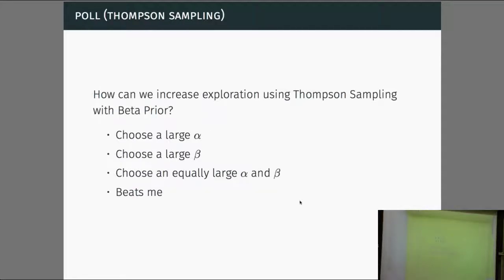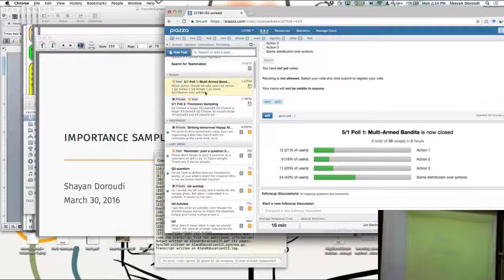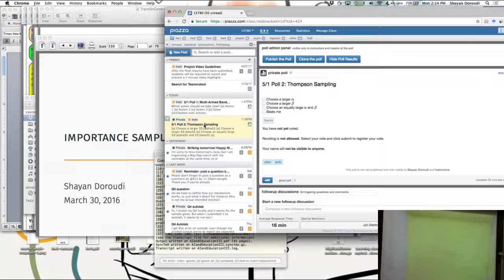Just to see if this makes any sense, I'm going to ask a poll. How can we increase exploration? Remember, we want to trade off between exploration and exploitation, and I haven't talked about how Thompson sampling does that directly. So how can we increase exploration using Thompson sampling when we have this beta prior? Can we increase it by choosing a large alpha, a large beta, an equally large alpha and beta, or you have no idea?